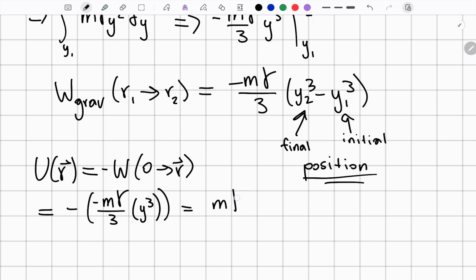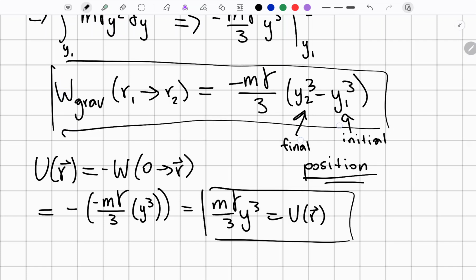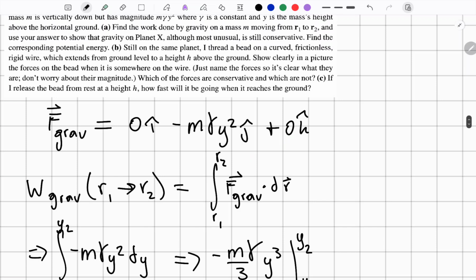And that's just going to be m gamma over 3 y cubed. That is our potential energy. So now we've found the work. We found the potential energy. That covers part A of this problem.